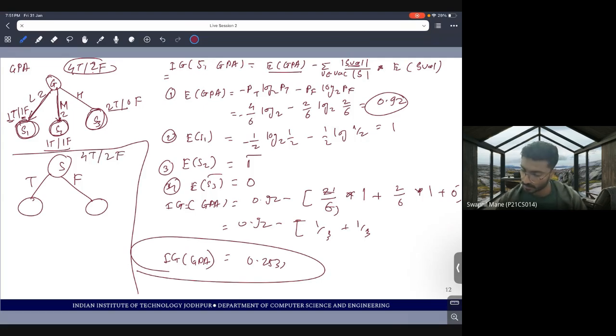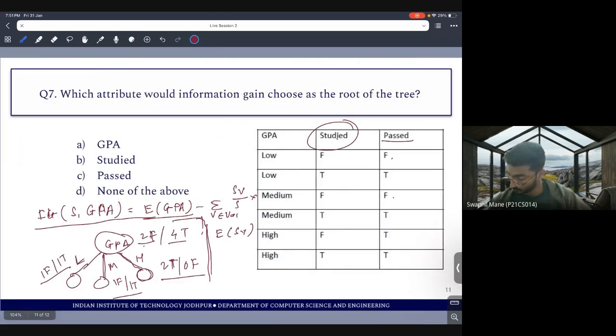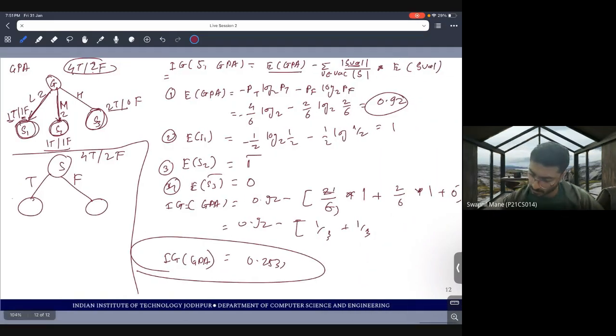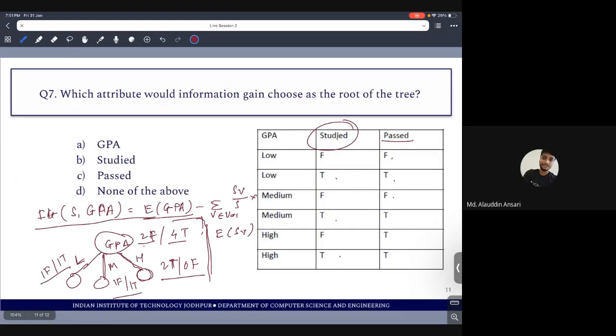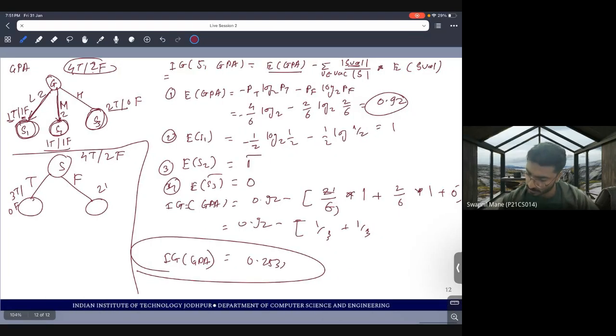For true, three true and zero false are there. And here 2F 1T, 2F 1T.